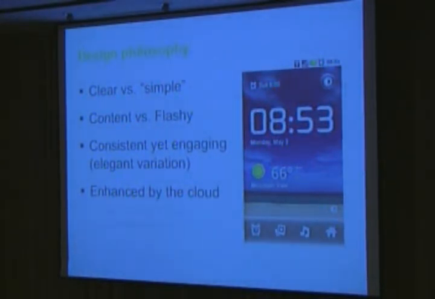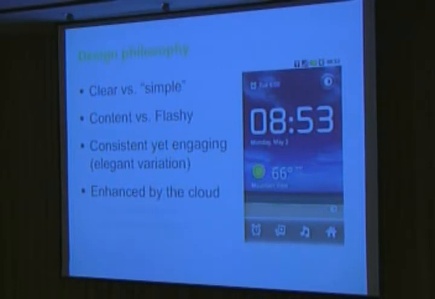Another point we want to stress is in terms of interaction. We want to promote interaction consistency. What that means is you can do something interesting to engage your user in terms of UI interaction, but at the same time, make sure you do this consistently in your application. Don't do it one way in one activity and another way in another activity.